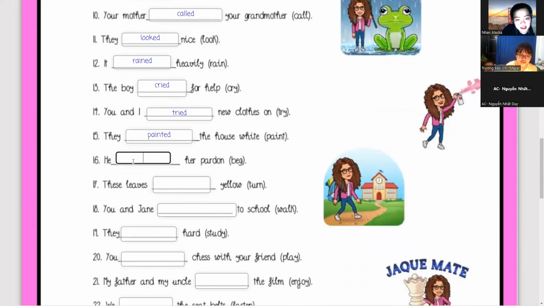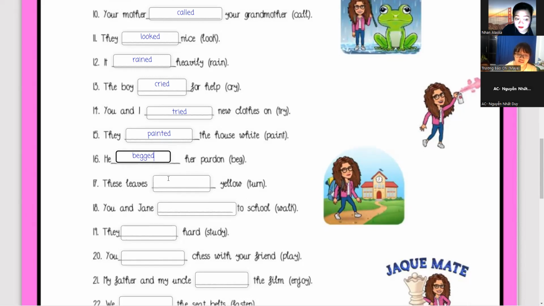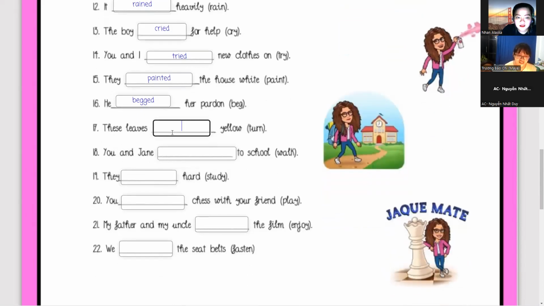Correct. 16. He begged her pardon. 17. These leaves turned yellow. D sound.